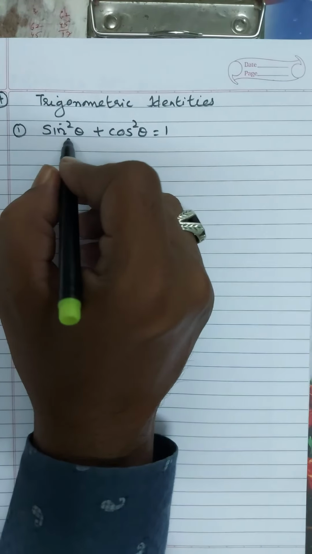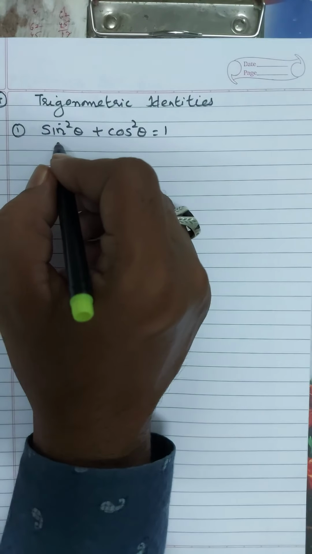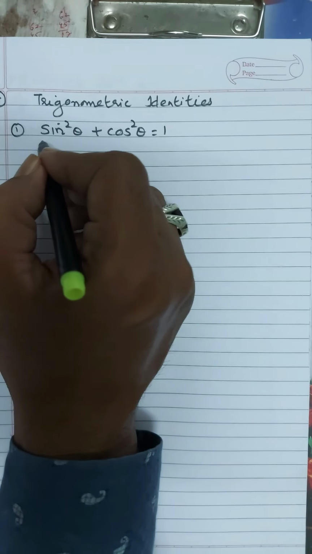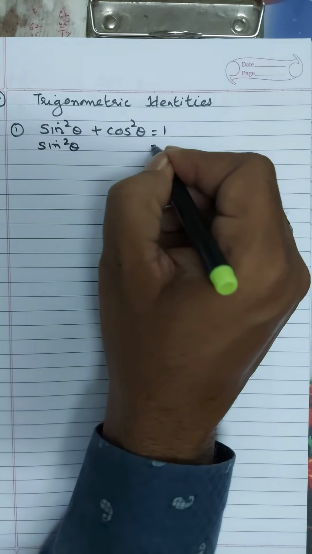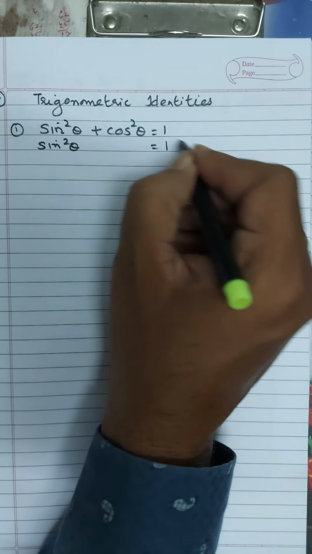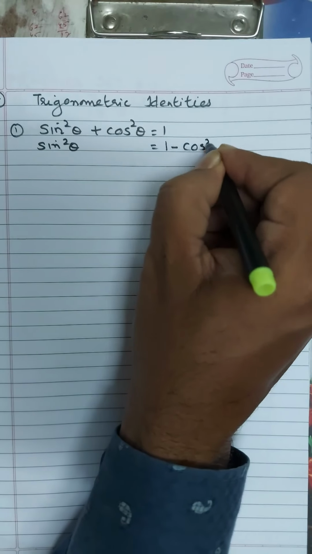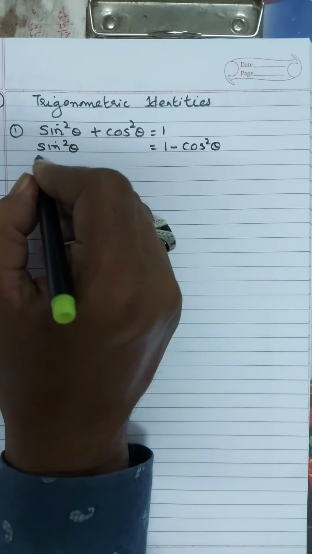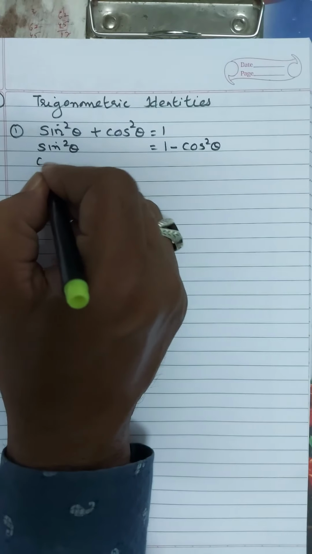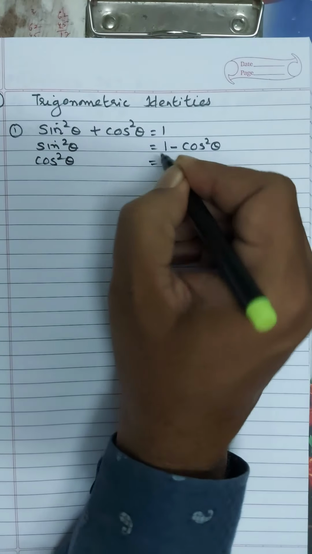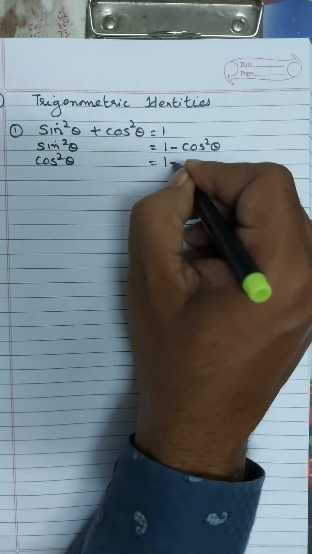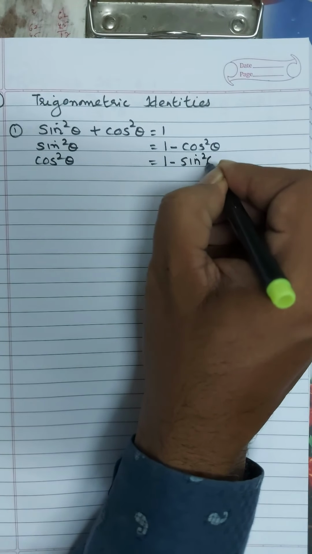From this identity, we can take out two more possibilities. Sin square theta is equal to 1 minus cos square theta, as we shift cos square theta to the other side, it becomes minus. One more possibility is cos square theta, which is equal to 1 minus sin square theta.